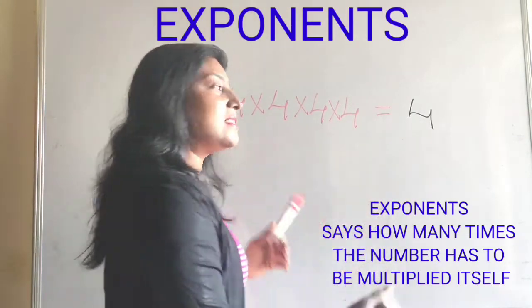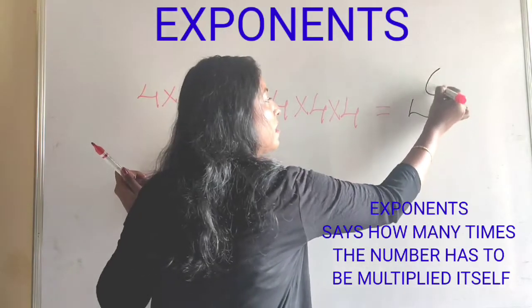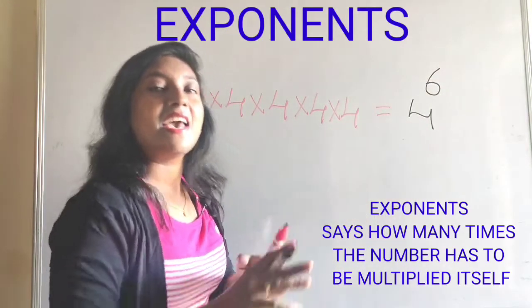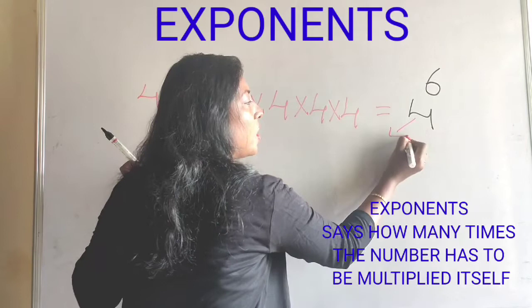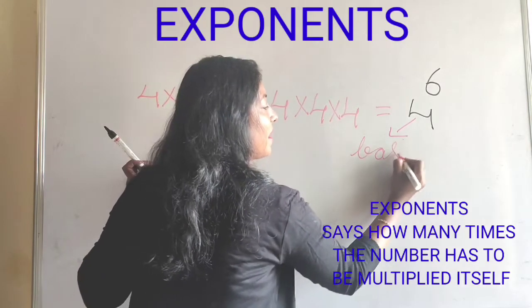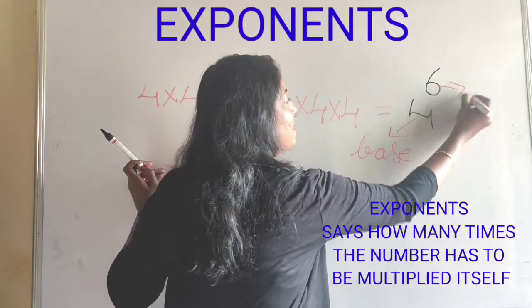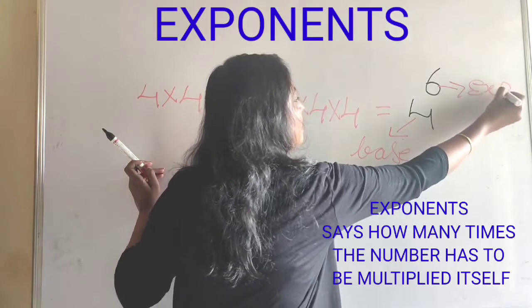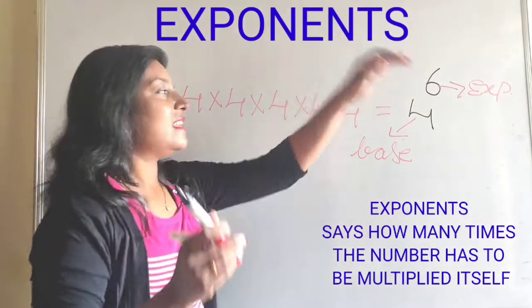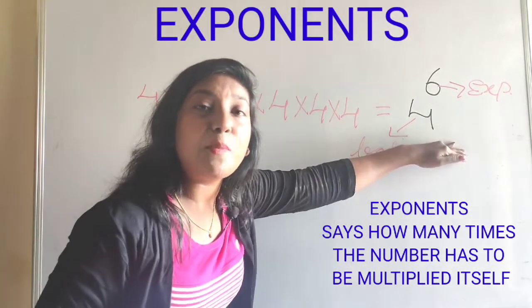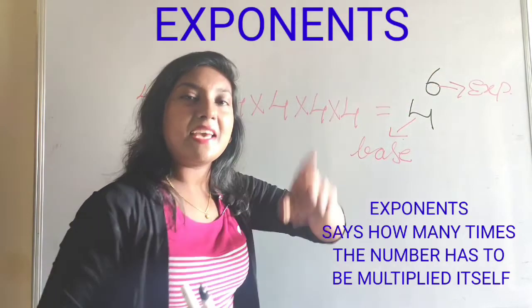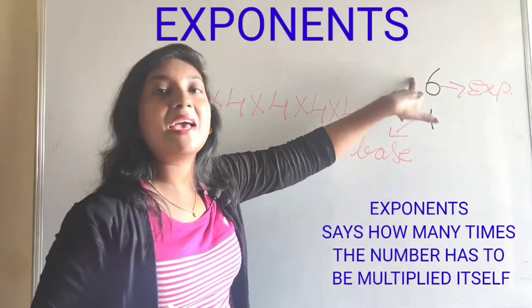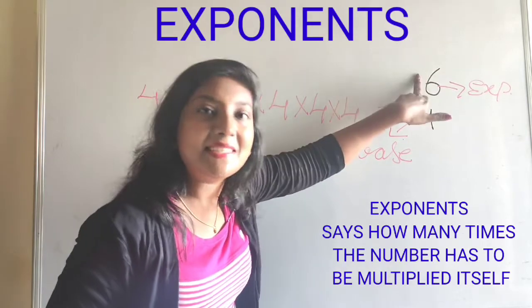In order to represent it, what will we do? 4 to the power of 6. Here the 4 is called base and 6 is called exponent. That means the number 4 has to multiply how many times? Yes, the number 4 has to multiply 6 times by itself.